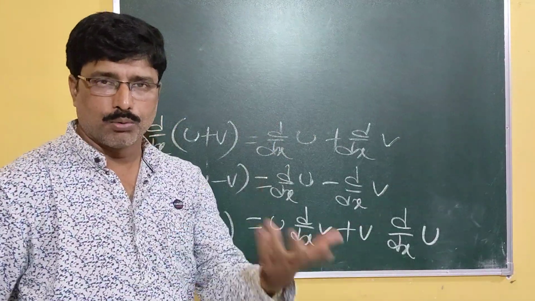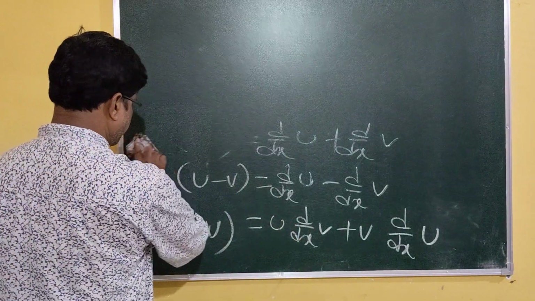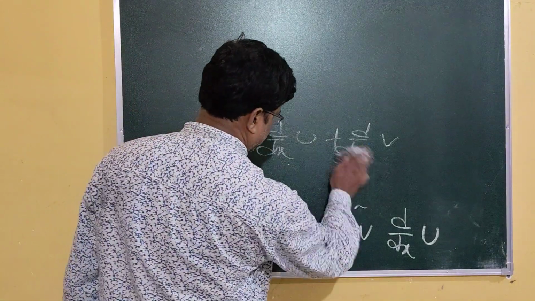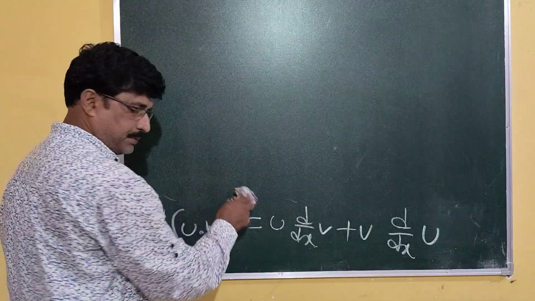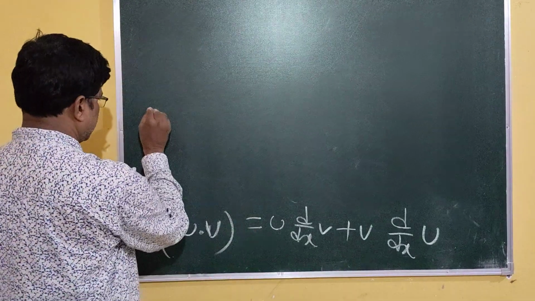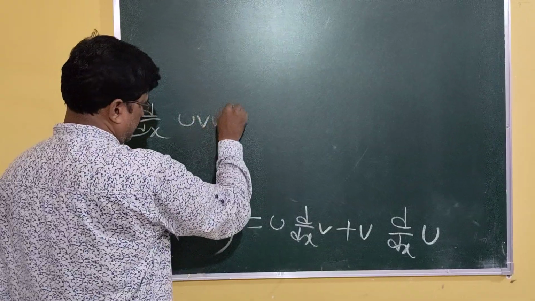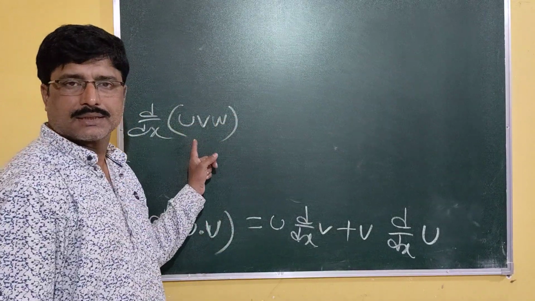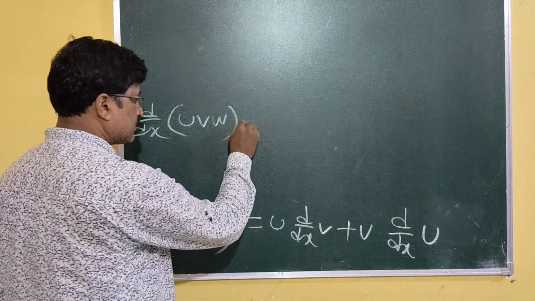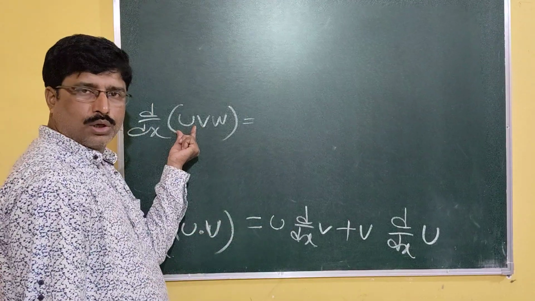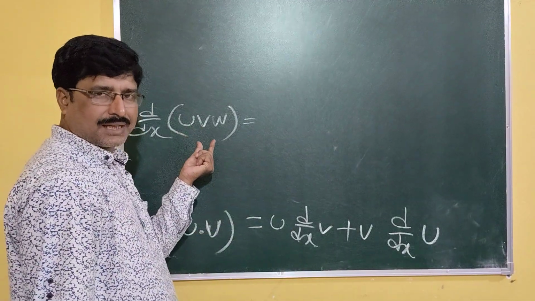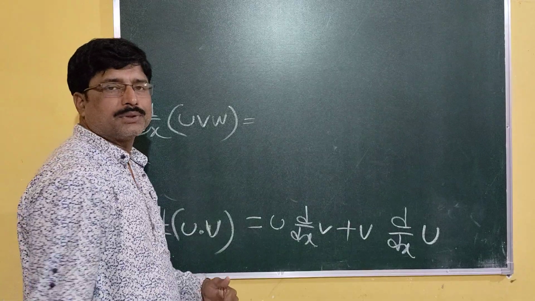If there are more than two functions, that means if it is dy dx of u, v, w, here there are three functions. Then what shall we do? We keep two of them as constant and take the derivative of the third one.